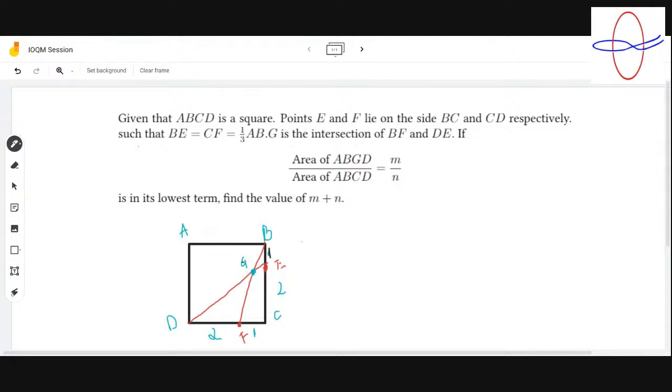Okay. So other people who are saying it's similar, how do you do it, guys? Just think about it.